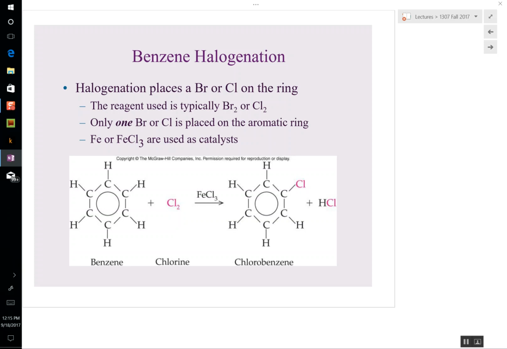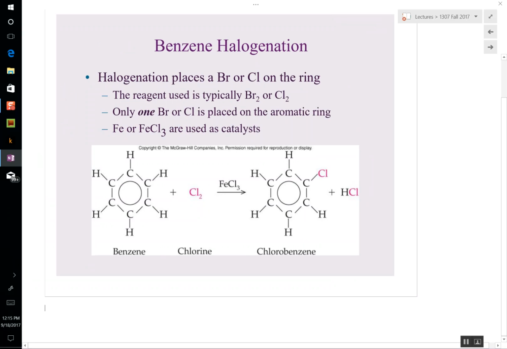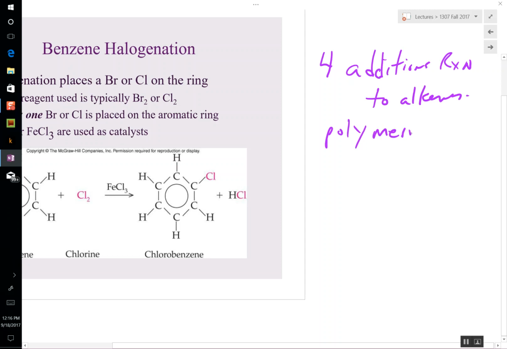So this is a reaction in chapter 11, so study that reaction. In chapter 11, you should know very, very clearly 4 addition reactions to alkenes. You should understand basically polymerization of alkenes, and you should know the halogenation of benzene.